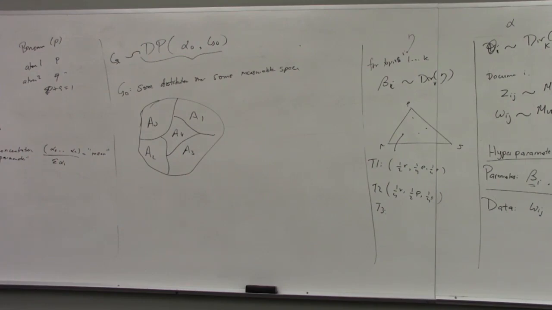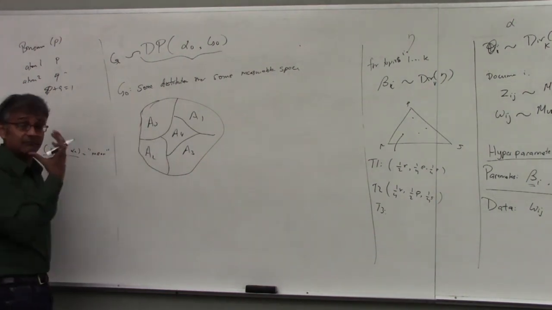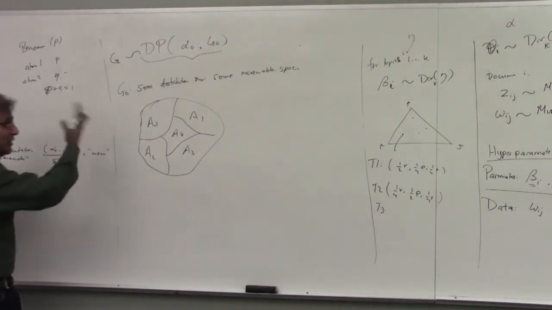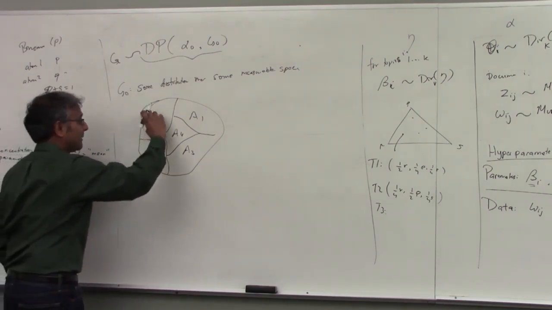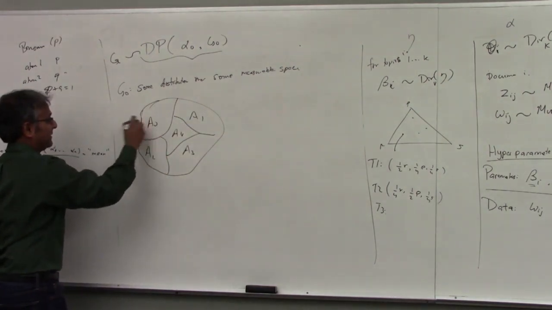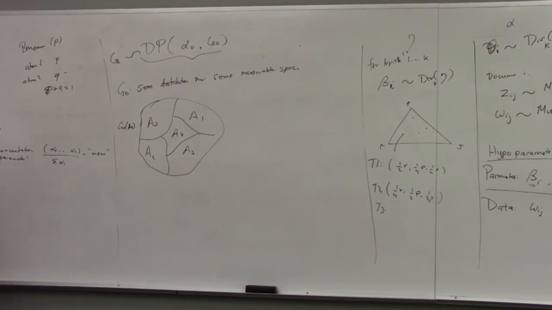Okay. Because G0 is a distribution over the space, for each such piece, there is a measure or a probability of the mass of that region. Because G0 gives a mass of 1 over the entire thing. Right? So it'll give a mass of something here, something here, something here. So we'll say that G0 of A0 is the mass of this, G0 of A1 is the mass of that, and so on. Okay?